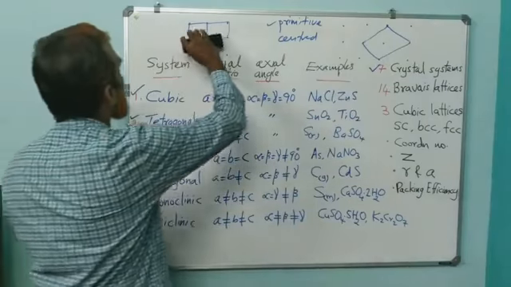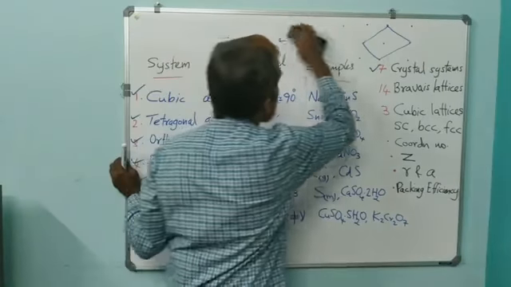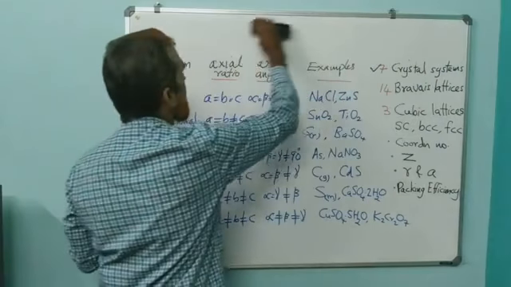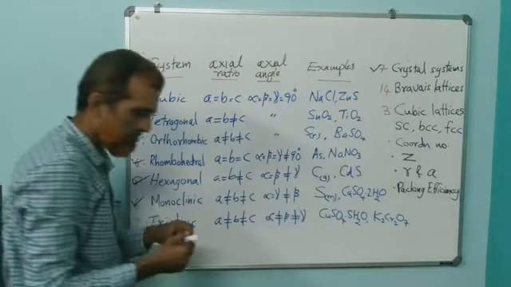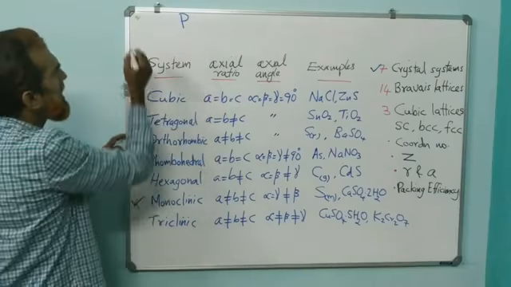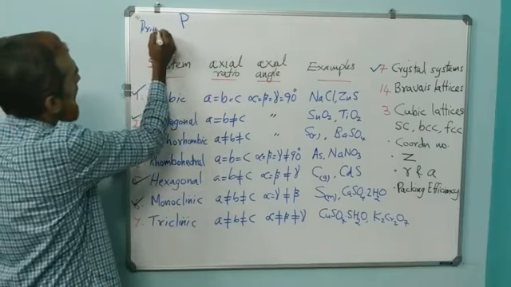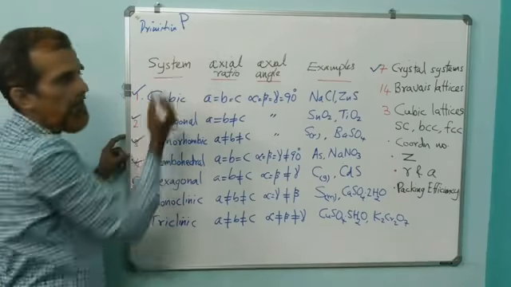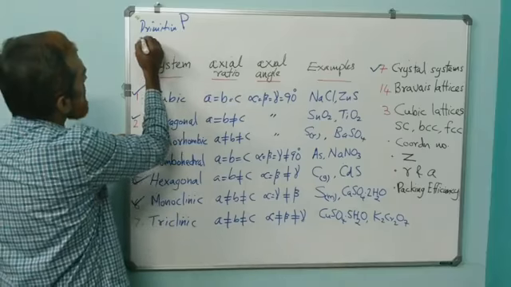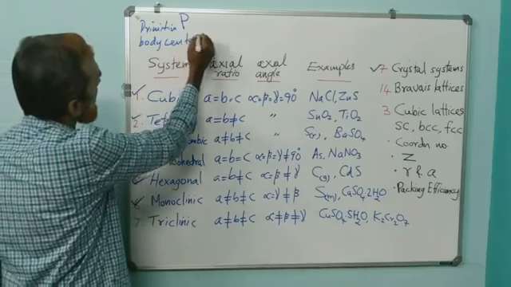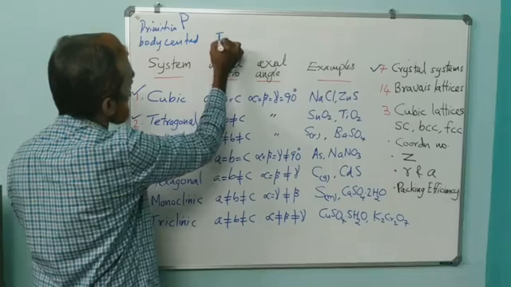Now, when we come to the 3D lattices, it can be of 4 types. One is primitive, which we represent by the letter P. The lattice can be primitive, as I said, with points only at the corners. Another is the body-centered lattice, represented by I, or inner-centered.